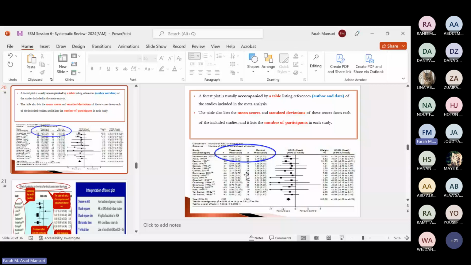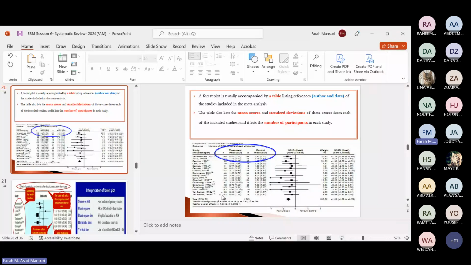And then it is for the weighted mean difference. And you can see there are so many studies in it. Almost 17 studies are there.